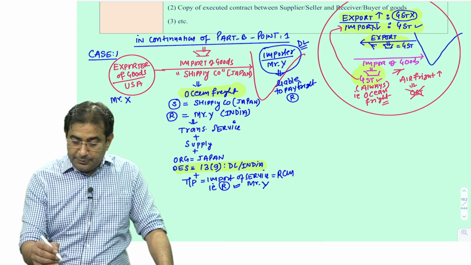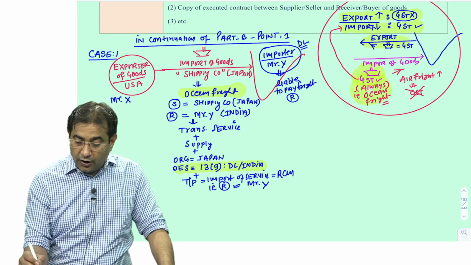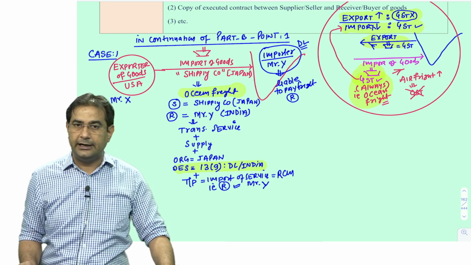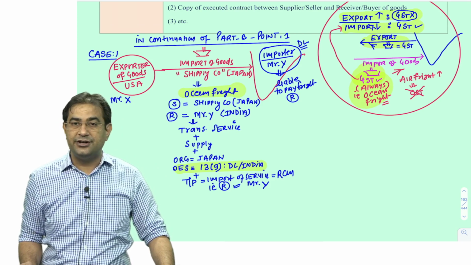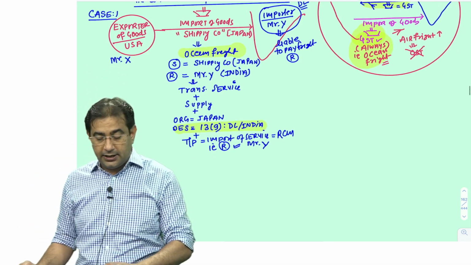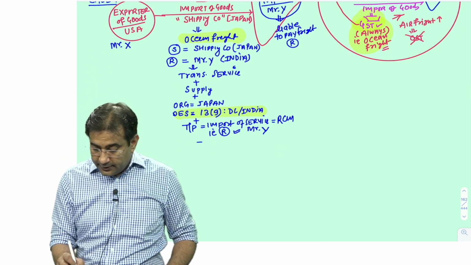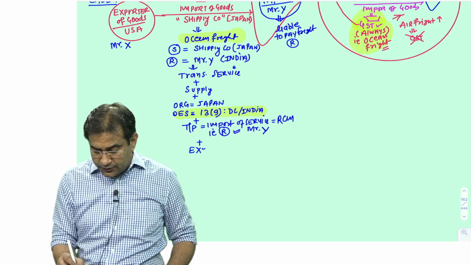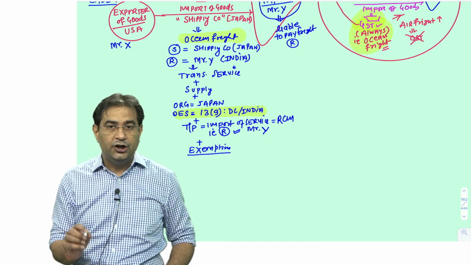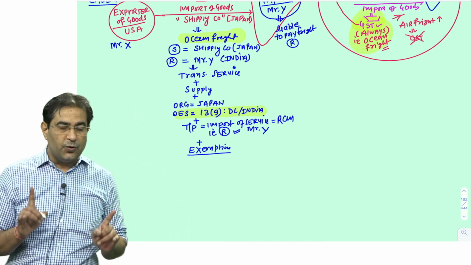And just keep in mind the prime objective of the government: the government will definitely collect GST on the ocean freight with respect to import of goods. Okay, clear? Yes, sir. Now, whether any kind of exemption? No, sir, no question of any exemption, because it's the deliberation of the government to impose GST on ocean freight.